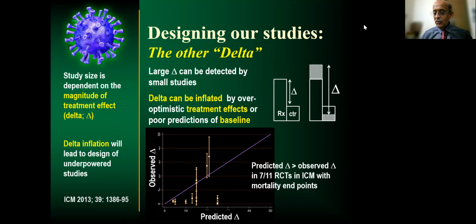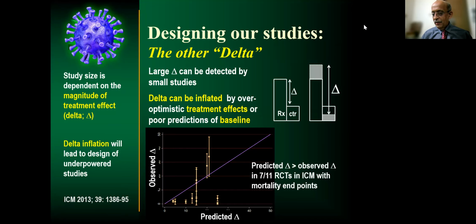The magnitude of the treatment effect determines the size of the study that is going to be used in a randomized controlled trial. If you're going to detect a large treatment effect, you can probably be very happy with a small trial. And one way in which many authors seem to be making these estimates is basically on rough data.